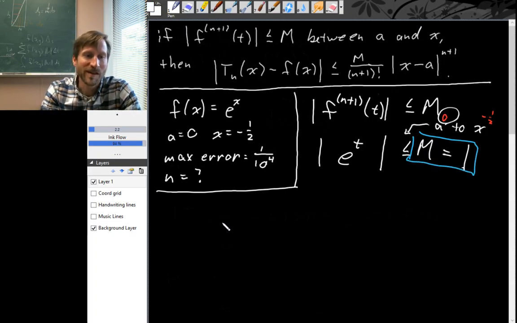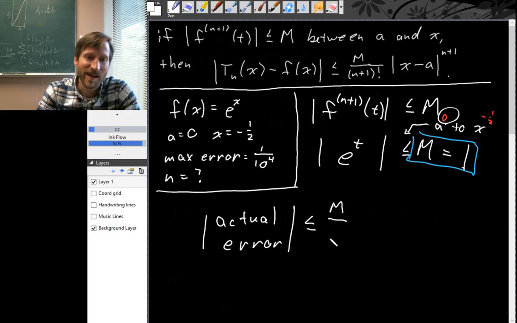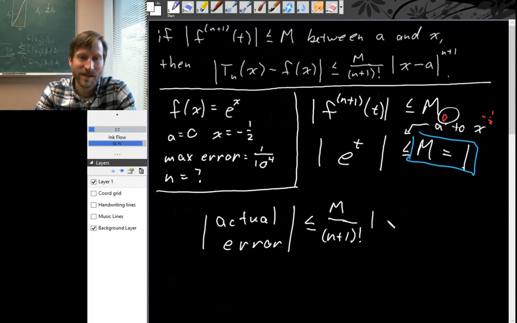Now, we want the actual error. We know that the actual error in our Taylor polynomial is less than or equal to capital M over n plus 1 factorial times the absolute value of x minus a to the n plus 1.